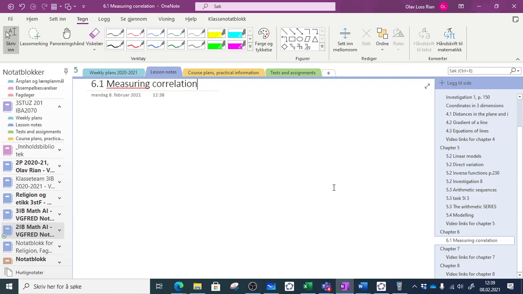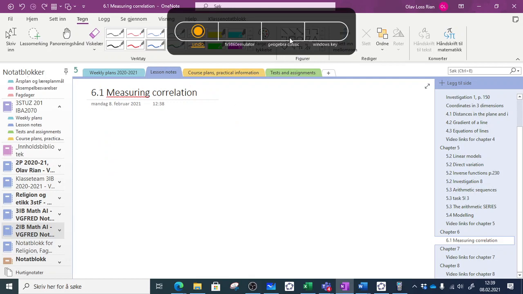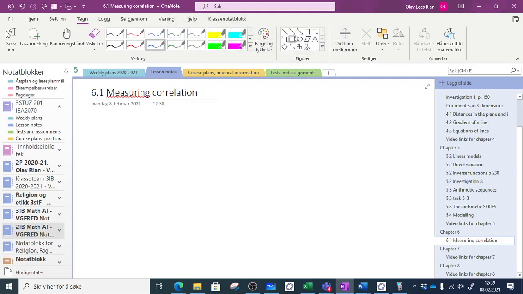Now, there is a method for finding a good estimate for a regression line.